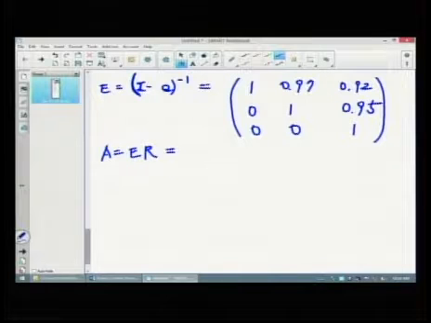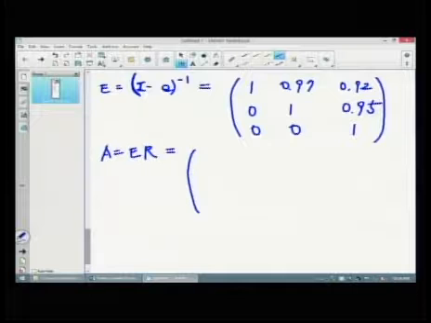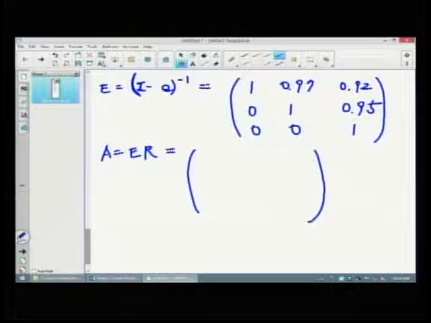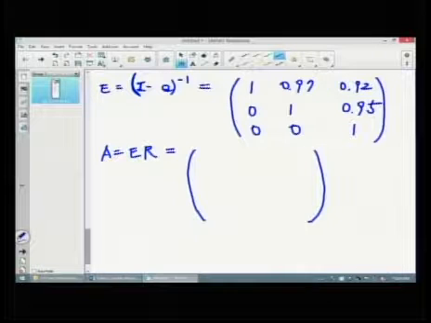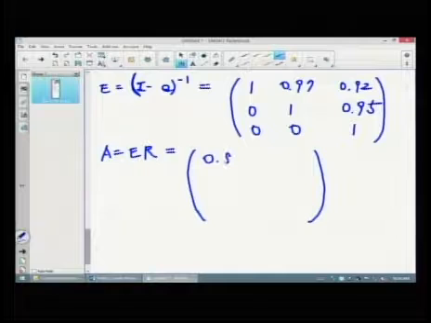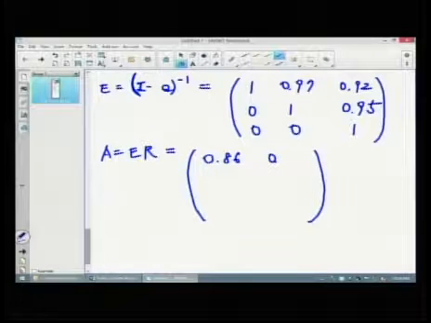The A matrix has to be 3 by 2, right? Is that 0.85? 0.41?